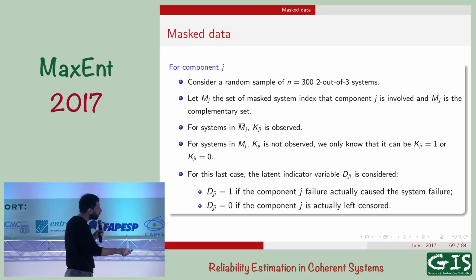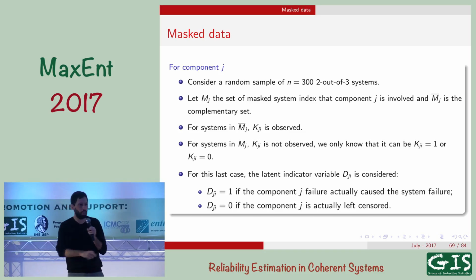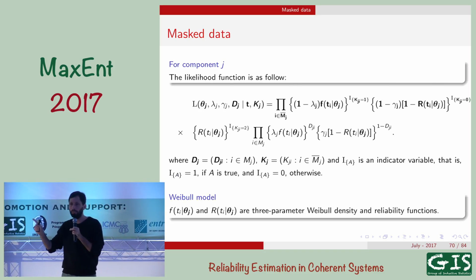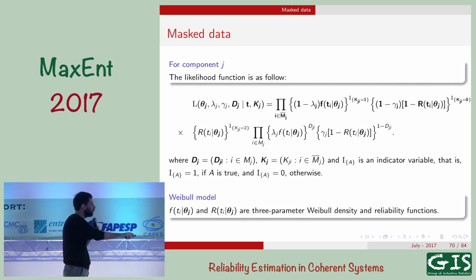And to solve this problem, here we can look. We need more samples because we have less information. And our solution is using a latent variable. So we are building a variable called D, because our solution here is almost the same as what we did before. The difference is we will estimate this latent variable.